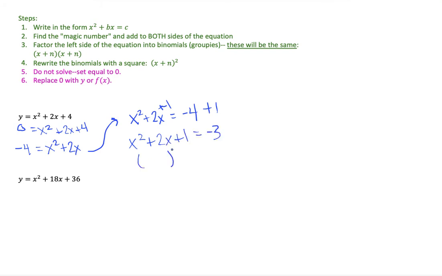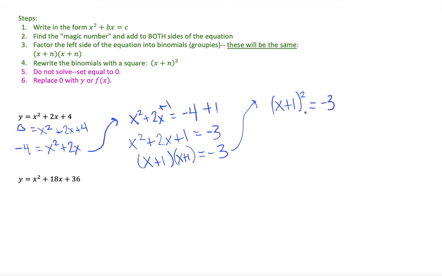I'm going to factor this into a square binomial. So it's x plus 1 times x plus 1, which I'm going to write as x plus 1 squared equals negative 3.